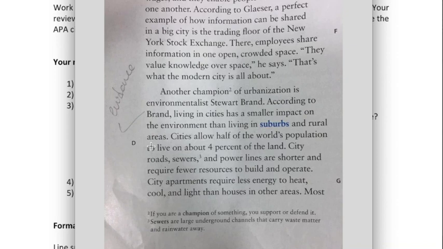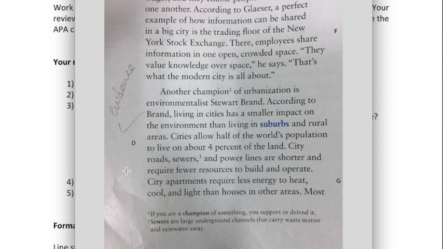So Stewart Brand has an assumption. Stewart Brand's assumption is living in the cities has a smaller impact on the environment than living outside the cities. And this is an assumption. But Stewart Brand, if you take a look at this paragraph, what do you think? Does Stewart Brand come out with an evidence to support his opinion?